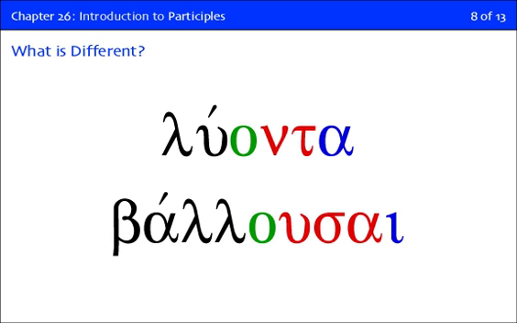Luonta. What's different? Okay, the case ending is different. You have an alpha, so you're in one of three places, right? In third declension, you still have that tau before it, so you know you're in third declension. Alphas occur in three places. Where are they? Right. Accusative, masculine, singular. Pas, pantos, panti, panta.